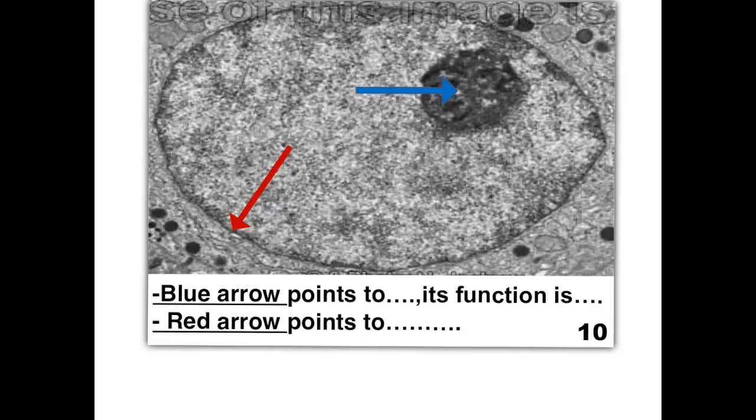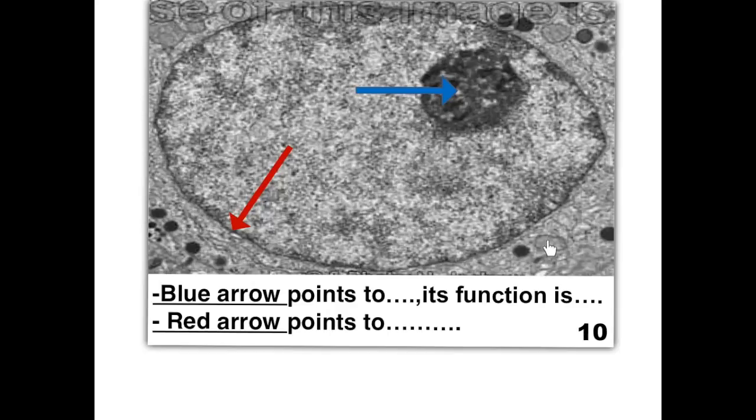Blue arrow points to the nucleolus. Its function is the formation of ribosomal RNA. Red arrow points to nuclear envelope. If you have an arrow on these dark areas, heterochromatin, and in these light areas, euchromatin.